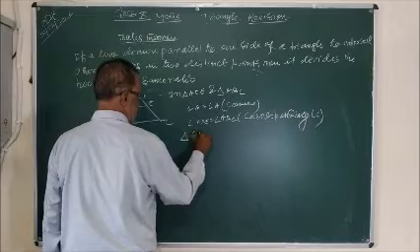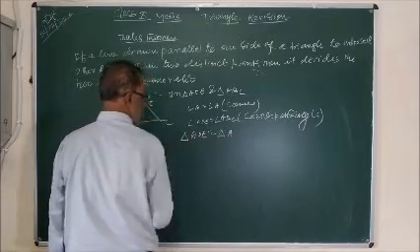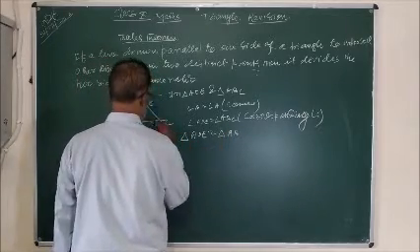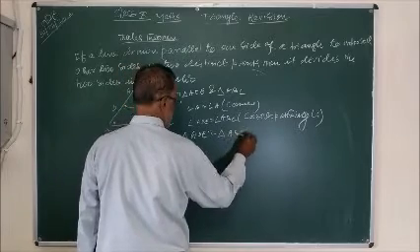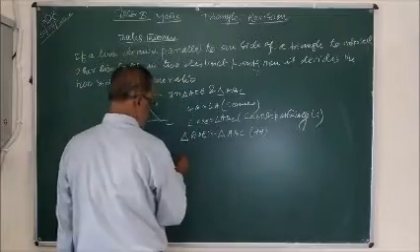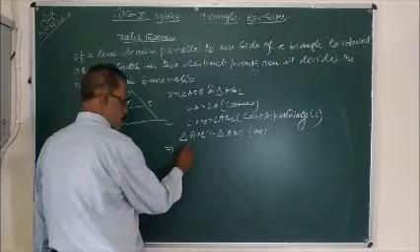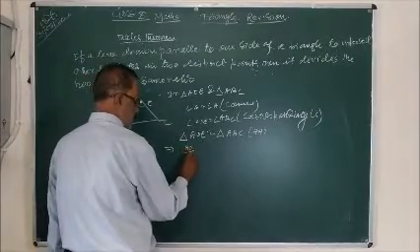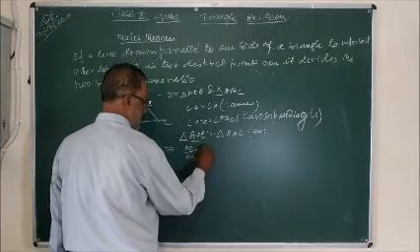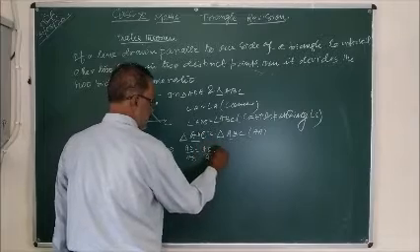Triangle ADE similar to triangle ABC, we have to write corresponding order: D's corresponding is B, and E's corresponding is C. This is by AA criteria, and corresponding sides are proportional if triangles are similar. So you can write AD by AB, very good, AD by AB, AE by AC, and DE by BC.